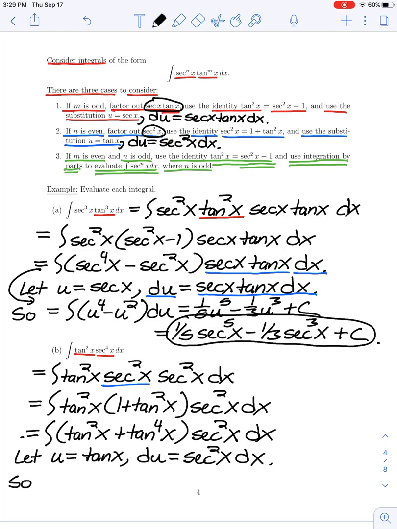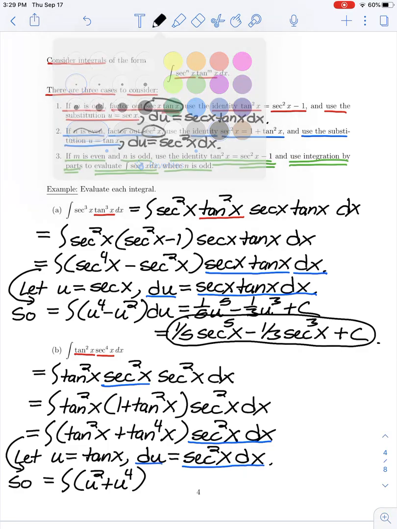So then rewriting my integral in terms of u, I would have the integral of u squared plus u to the 4th, and our secant squared x dx, when we made the substitution, we found was just equal to du.